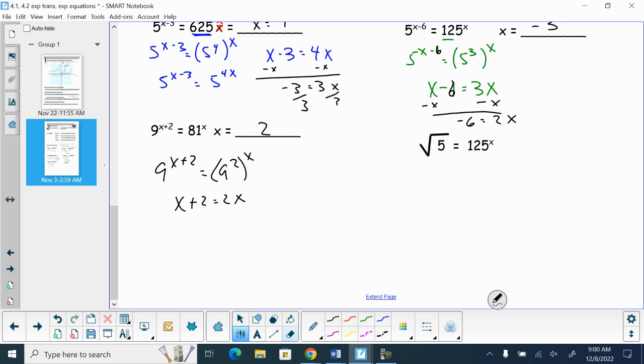Anybody remember what exponent we have with a square root? Nobody remembers. 1/2.